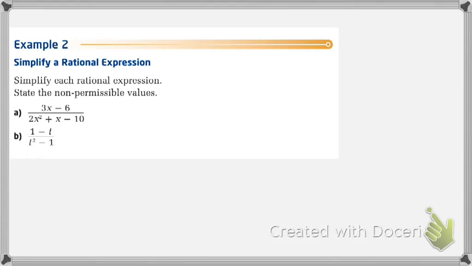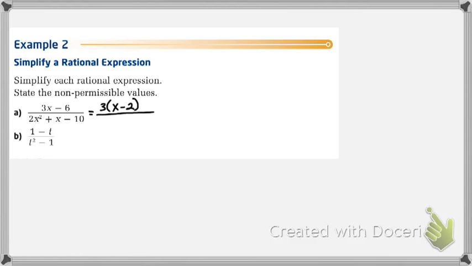Okay, with example 2, it asks us to simplify each rational expression. In A, we have 3x minus 6 over 2x squared plus x minus 10. In our numerator, 3x minus 6, we can factor out 3, leaving us with 3 times x minus 2.